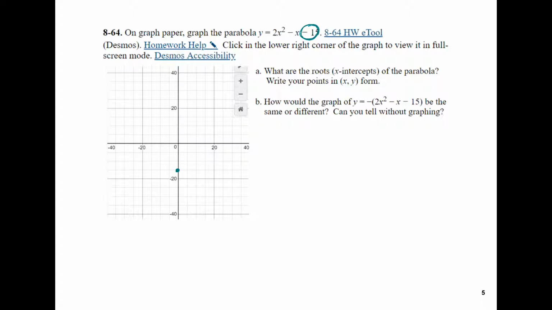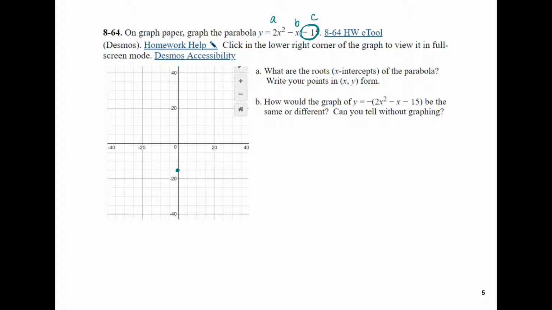I could then use a table if I absolutely forgot everything I know, and I could plug in random values to get the shape of my parabola, or I could use factoring, the quadratic formula, or completing the square to solve as well. So the method that works every time is the quadratic formula.